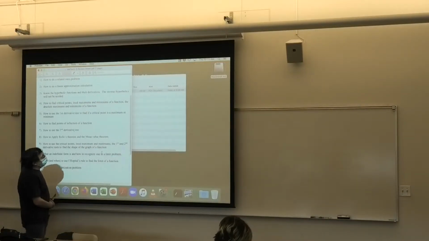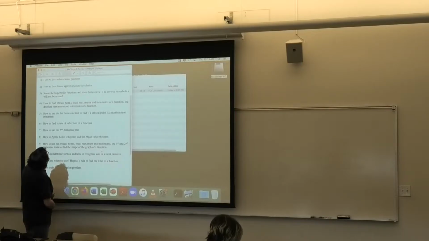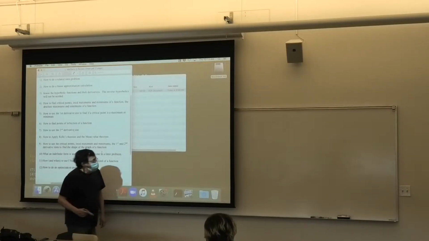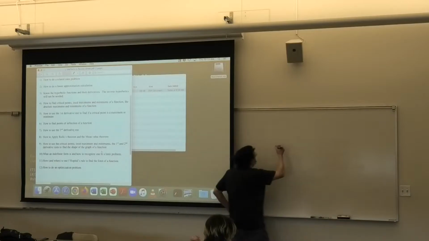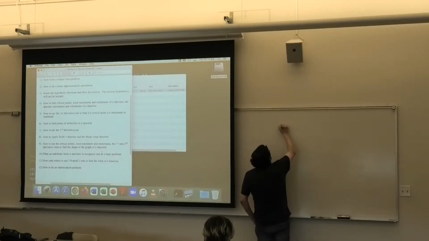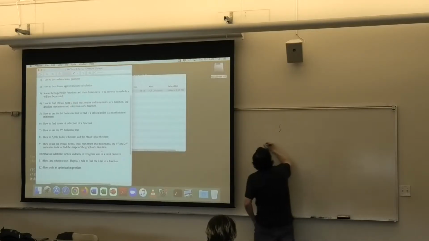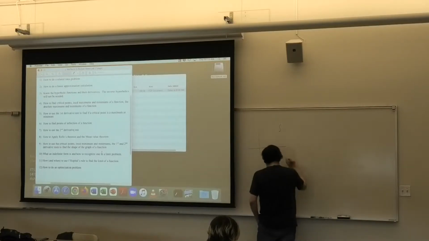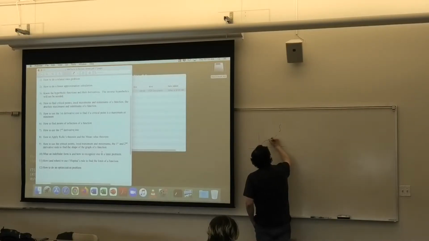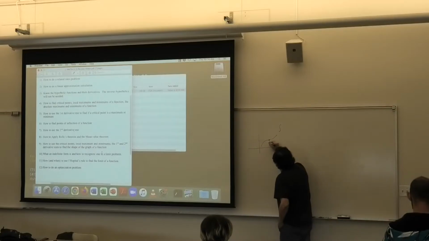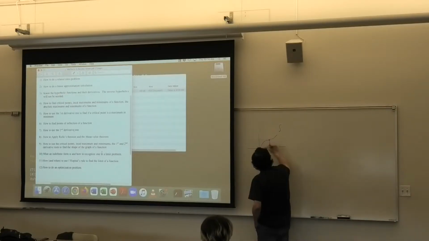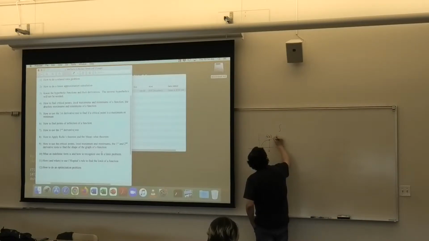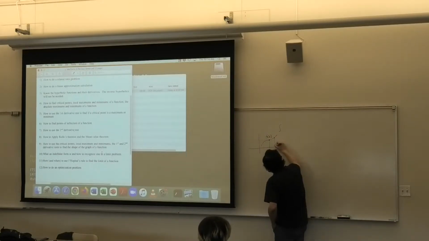Okay, how to do linear approximation calculation. Just as a reminder, the idea is we have some curve. There's some point that we know the function. We have some point, we'll call it A, and we know the value at A. And we want to find something that is a little off from there.